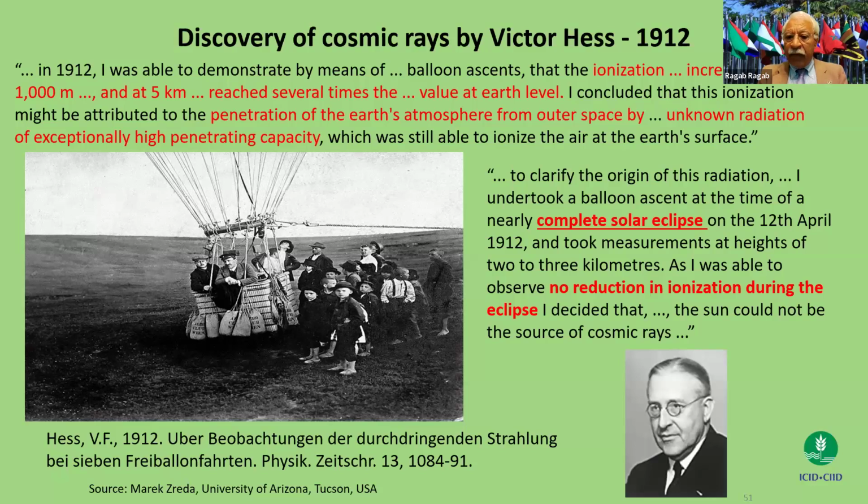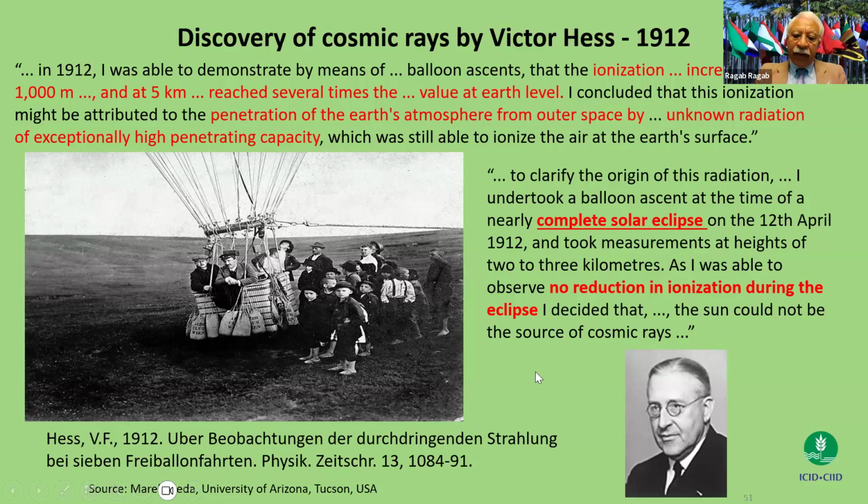To clarify the origin of this radiation, I undertook a balloon ascent at a time of nearly complete solar eclipse on the 12th of April 1912, and took measurements at heights of 2 to 3 kilometers. I was able to observe no radiation in ionization during the eclipse. I decided that the sun could not be the source of cosmic rays.